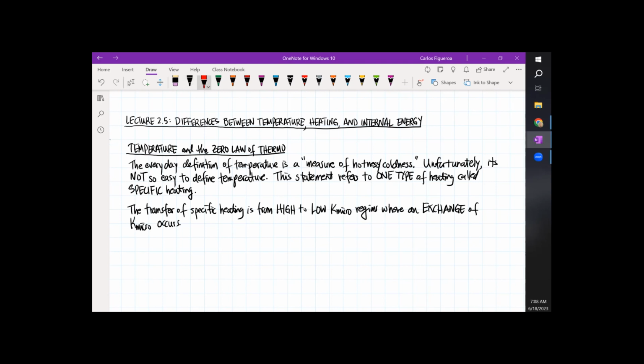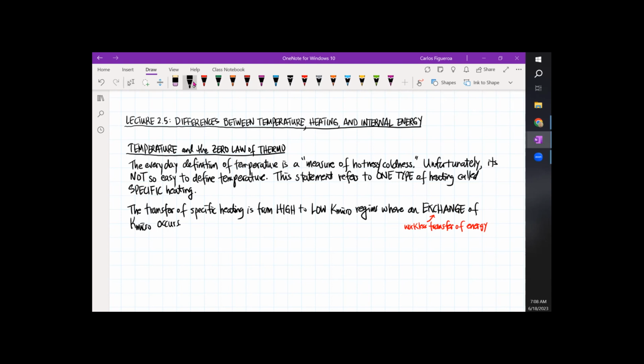So when I say that this exchange, this is by that statement that I've been saying. This is the workless transfer of energy. There is no work, but you're transferring kinetic energy.